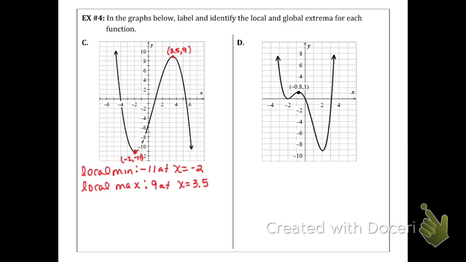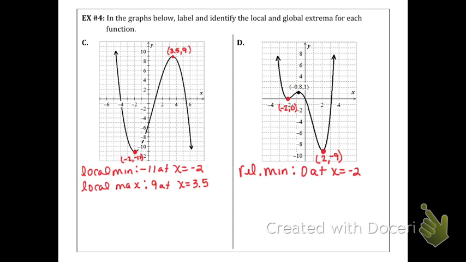All right, and then this last one here. Identify my points. I can see I kind of have two valleys. So I have a relative minimum of 0 at x equals -2.